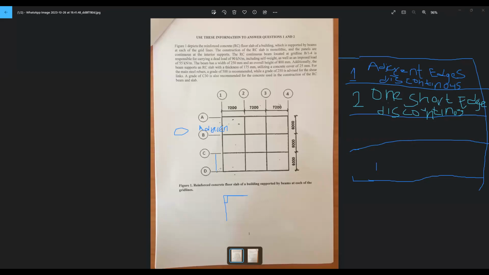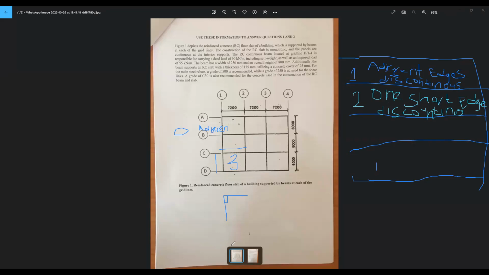This is CD, and we have that 1, 2 here. So we are considering this to be our panel 3. On our panel 3, we are going to just flip out from either side and check which of the sides leads us out of the whole area of the slab.